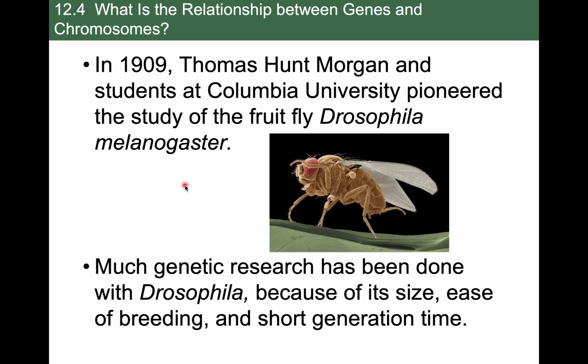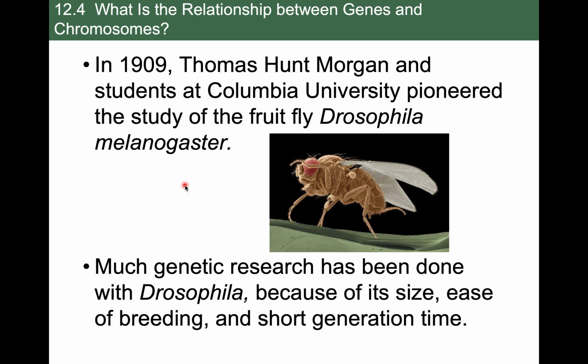And I talked about model systems in an earlier chapter, but basically model systems are organisms that we may not be all that interested in terms of medical application or commercial application, but they're organisms that researchers work with because they're easy to work with. They're small, they're cheap to grow and relatively easy to handle. And so with fruit flies, with Drosophila, they're great for genetics research because they interbreed like crazy and their life cycle is very short, right?